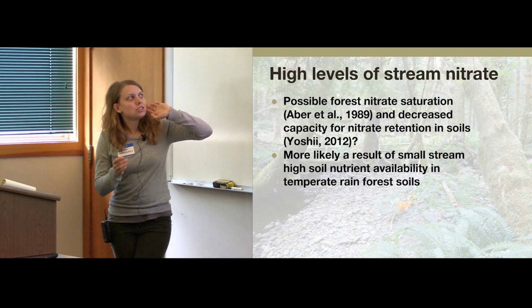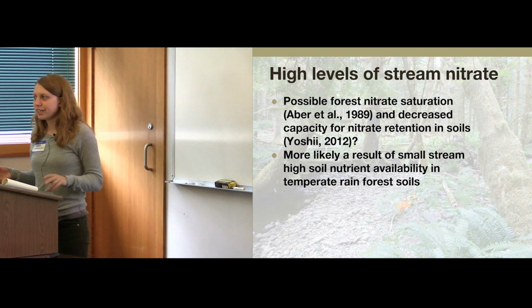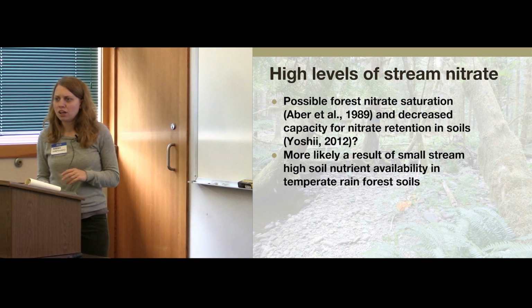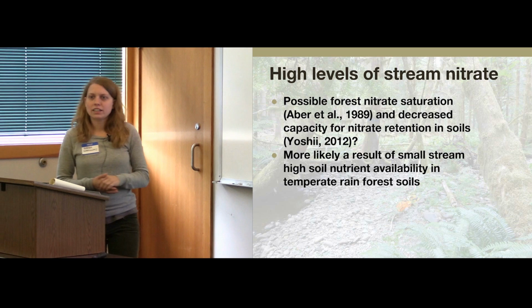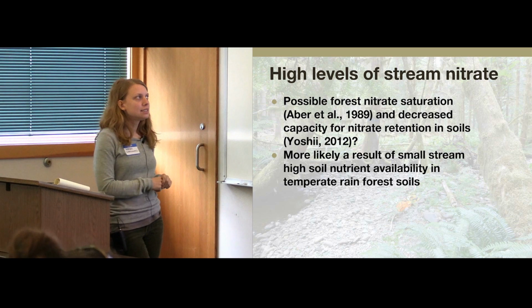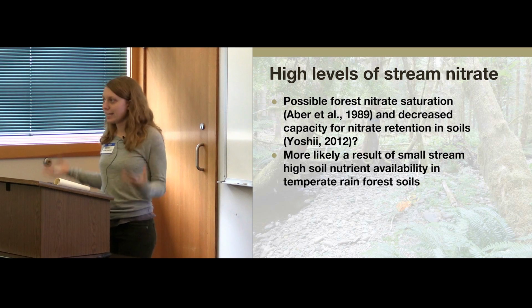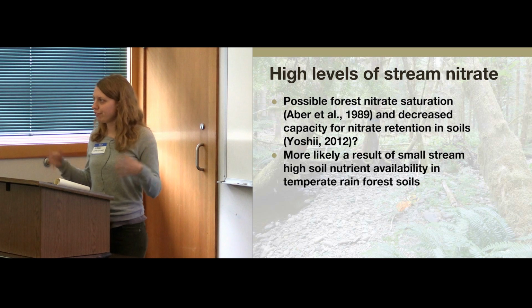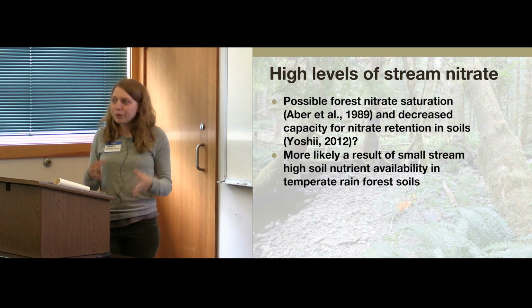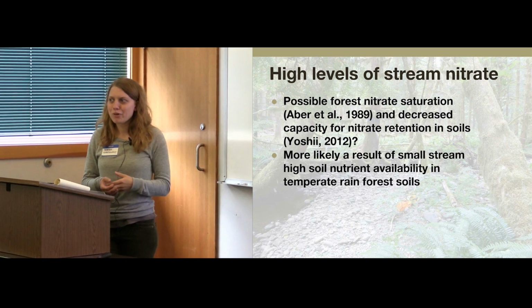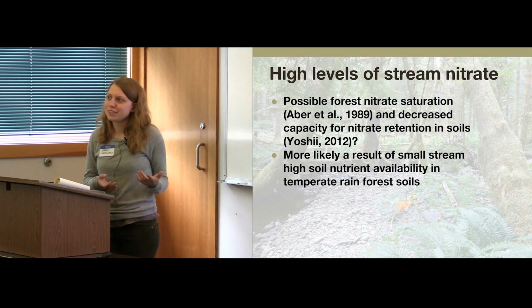There have been studies that have shown that there is potential nitrate saturation due to harvest in basins, and so there's nothing to take up the nitrate from the soils, and so it flushes into the streams. I really don't think that's what's happening here, though, because there are trees growing.